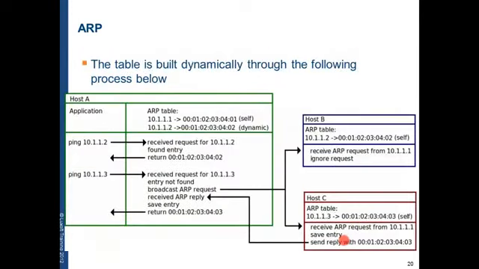Further on, I will explain in detail how we populate the ARP table. For example, we have an application, let's say Ping, which is an application used to verify if the remote hosts are available. At the beginning, we have this information in the ARP table, which means that we have the self entry here.